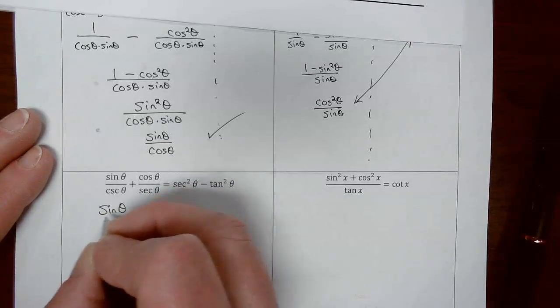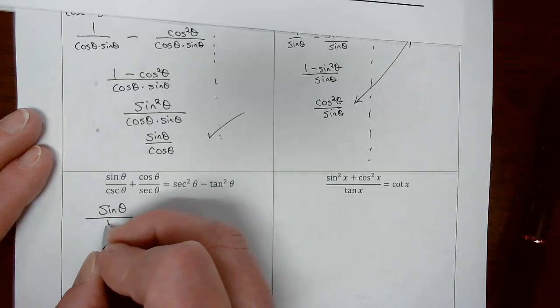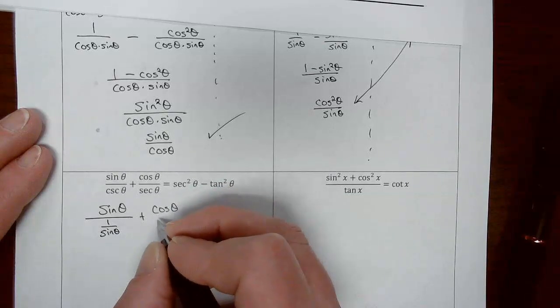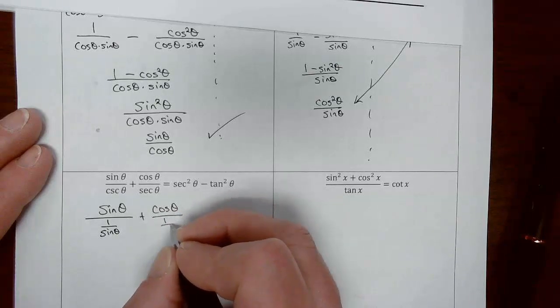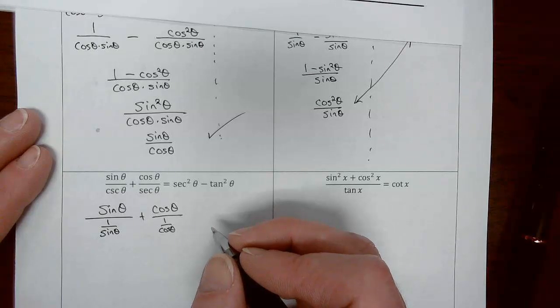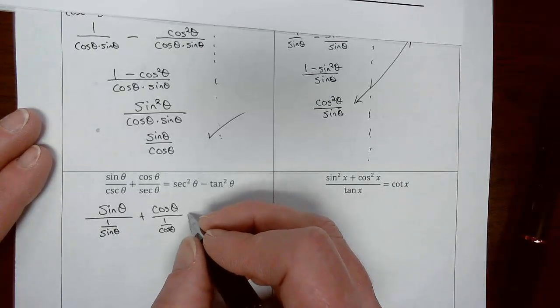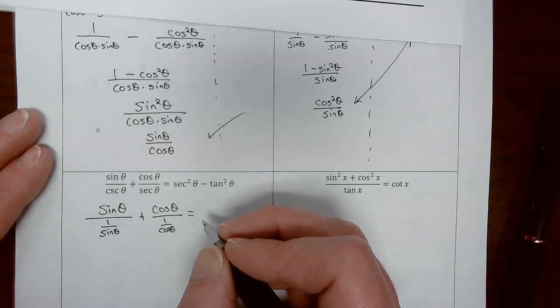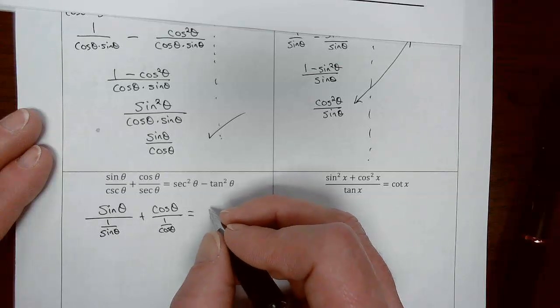Sine theta divided by 1 over sine theta plus cosine theta over 1 over cosine theta equals secant squared.